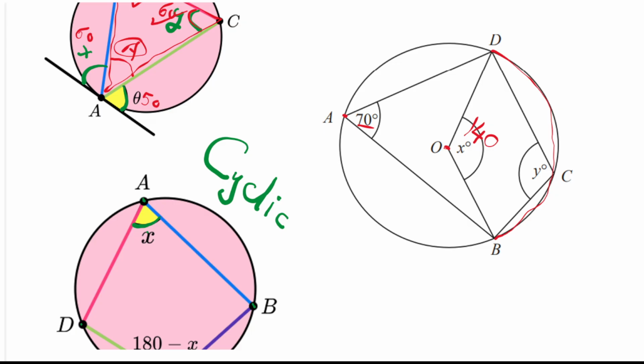Now if we look at the cyclic quadrilateral, this is one point on the circumference, another point, a third point, a fourth. So this shape here is a cyclic quadrilateral. So this 70 and this y are opposite, so they add up to 180. So if that's 70, this is just 110. We got them. We got x and y, and that's it.